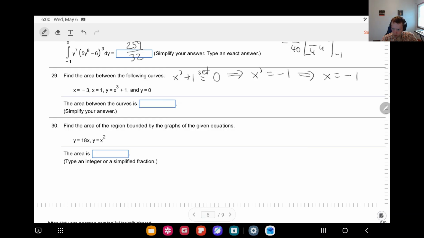So that means they cross when x is -1. That means that one of the curves was lower first, but then it becomes higher. In other words, we're going to need two separate integrals here, because in these area between curves problems, it's always high function minus low function.